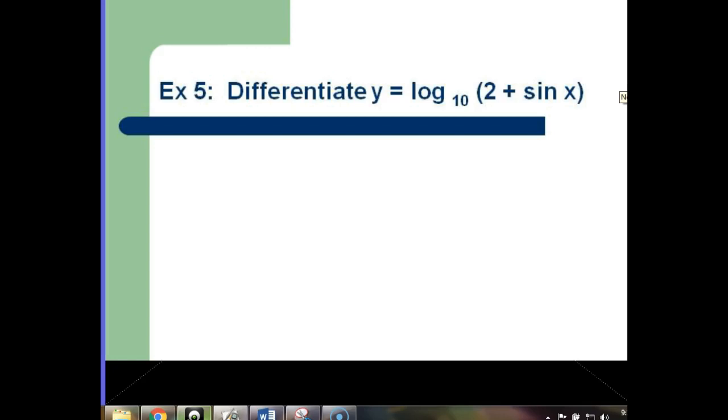Log base 10 of 2 plus sine x. So this is like my u. What's the derivative of 2 plus sine x? It's the derivative of sine, cosine.